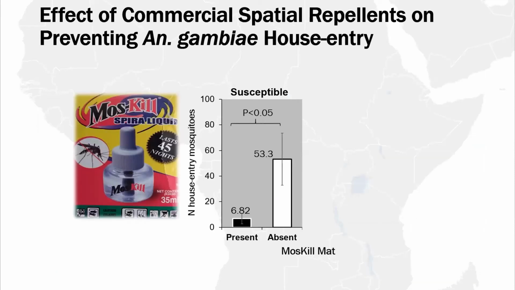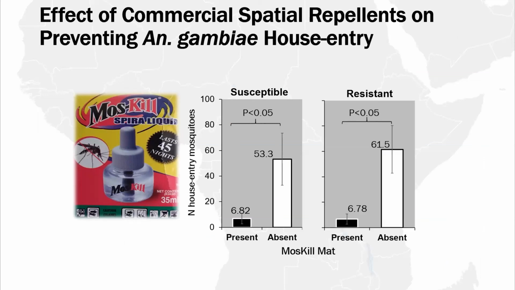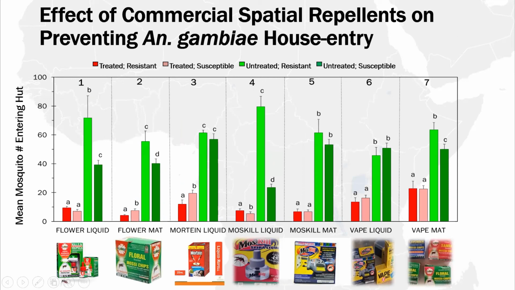Just picking one example out of these many spatial repellents, we realized that these spatial repellents are good on both susceptible and resistant mosquitoes, where there was a deterrent effect when you put them in a treatment house compared to the house that has no treatment. So it's important that we look at multiple of them.